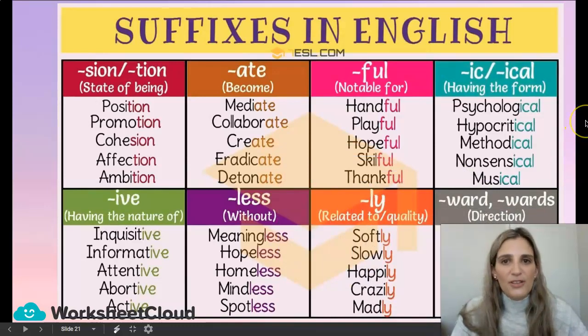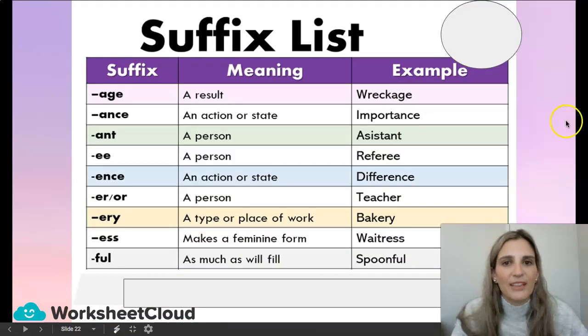Right, so I hope you learned some different or new suffixes. Here are some more examples. Okay, so wreckage, age is a result. Importance, so we're looking at the ance, an action or state. Assistant, the ant, is a person.